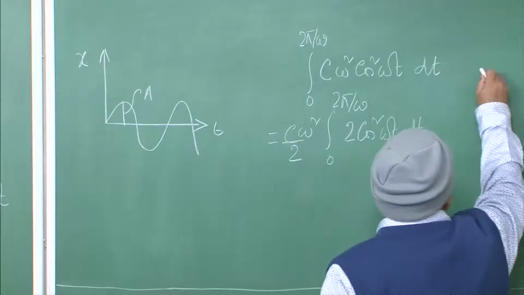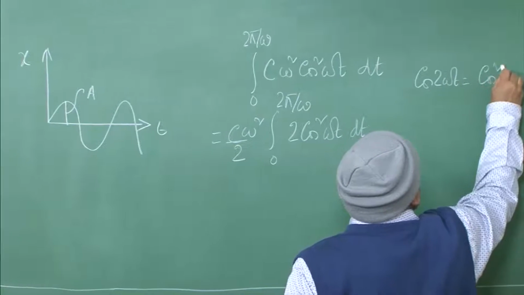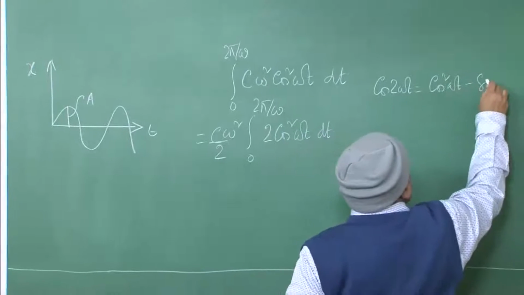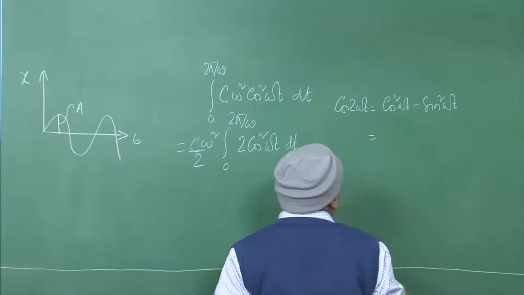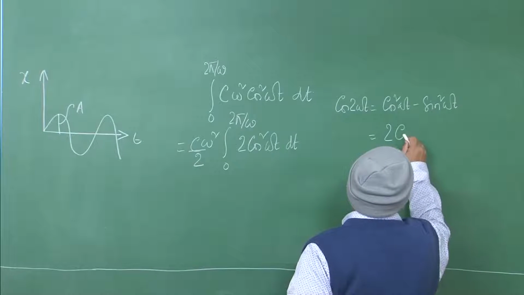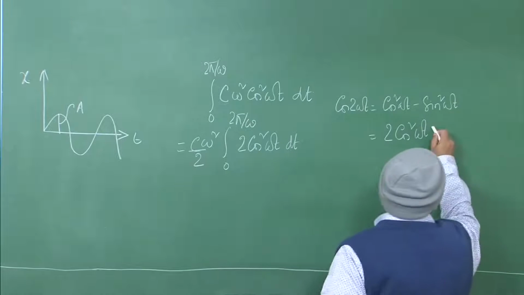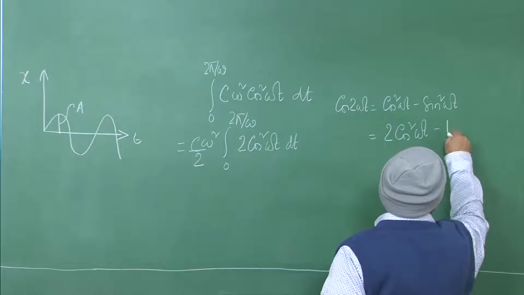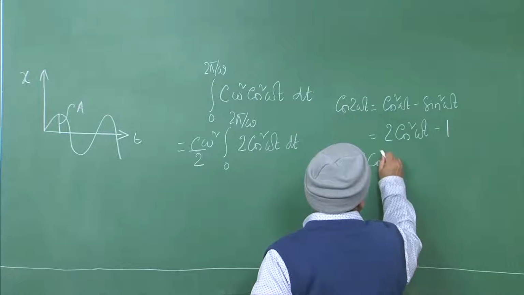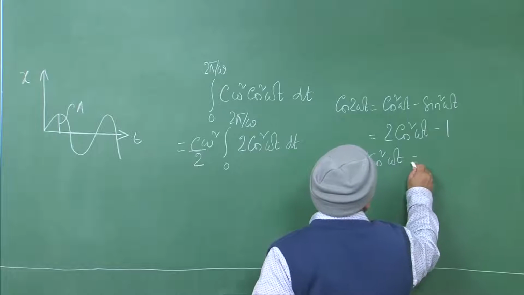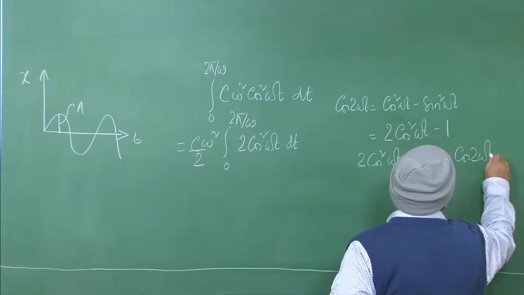Now, you already know that cos 2 omega t is cos square omega t minus sin square omega t, which means 2 cos square omega t is 1 plus cos 2 omega t. In other words, our 2 cos square omega t can be simplified as 1 plus cos 2 omega t.